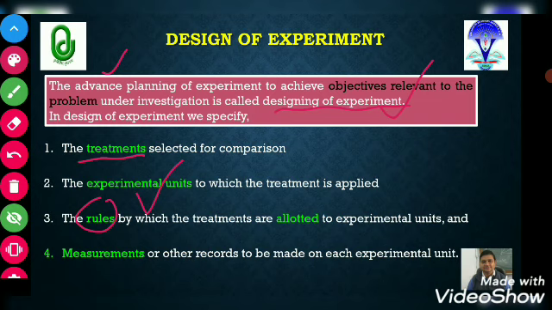One is treatment, another is experimental unit or experimental material, and third is the rule by which you will allocate the treatment to that experimental material. After that, you will measure and record the data that you get after applying the treatment on the experimental material. So this is basically the design of experiment.